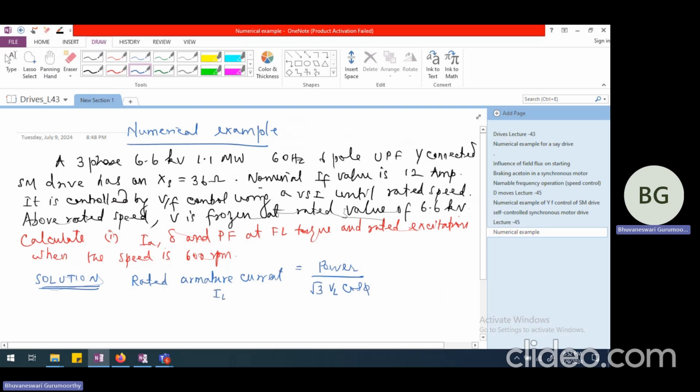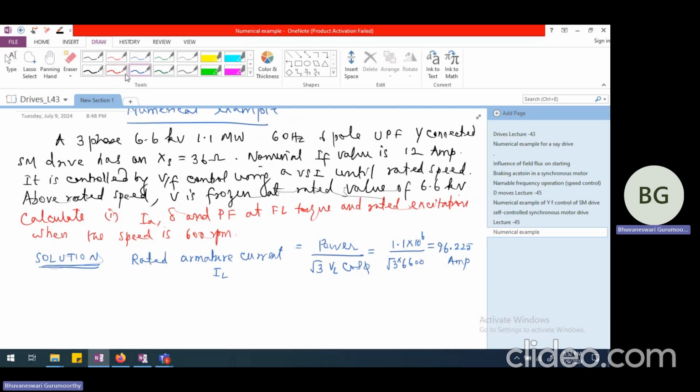IL is going to be power divided by root 3 VL cos phi. Power is 1.1 multiplied by 10 power 6 divided by root 3 times 6,600 volts, which is the line voltage, and cos phi is unity. So this comes out to be 96.225 ampere.